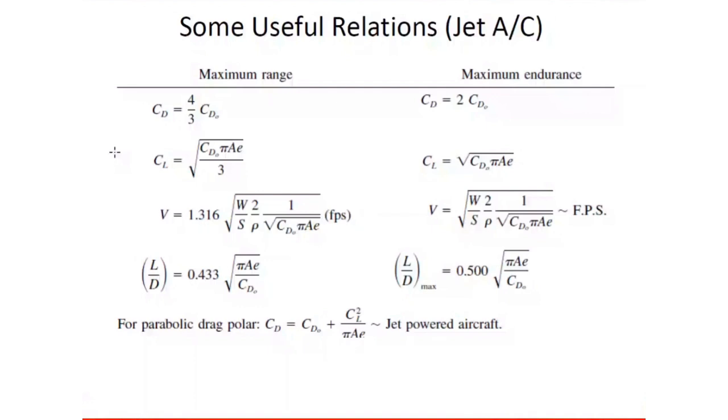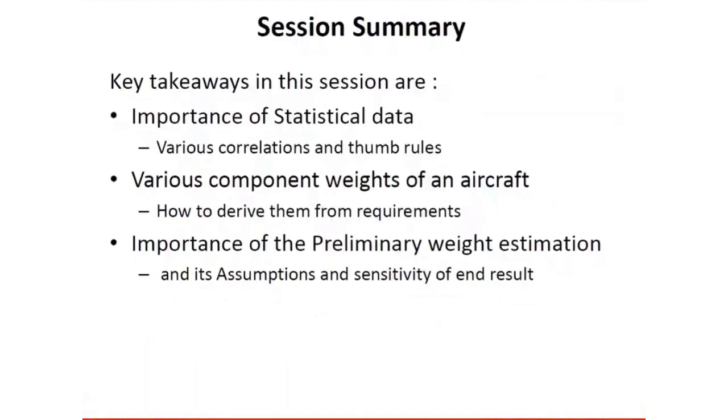So summarizing, what we are looking at is the key importance of statistical data, and how we can use various correlations and thumb rules to get started on the design. I want to emphasize here, to get started on the design. This is not going to be there after the second or third iteration.